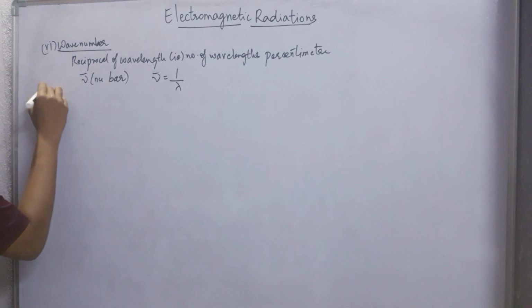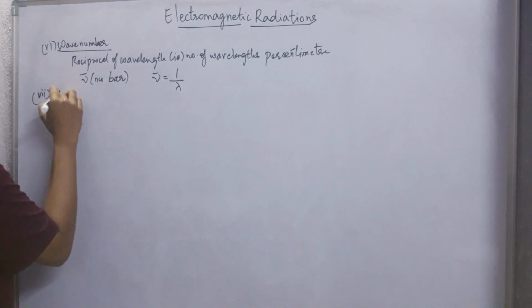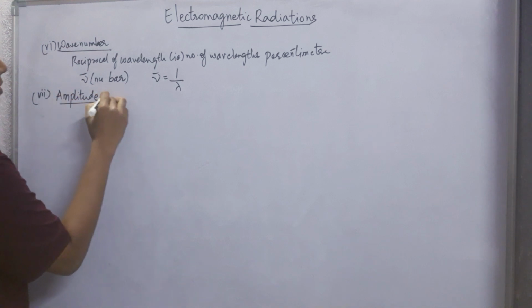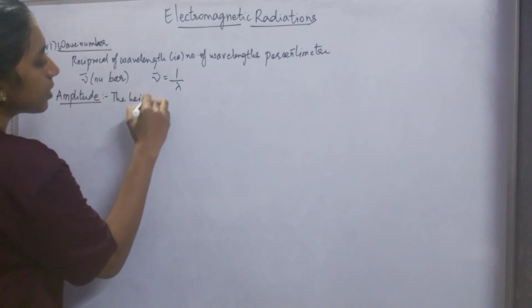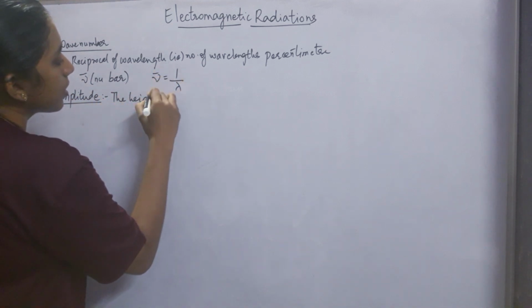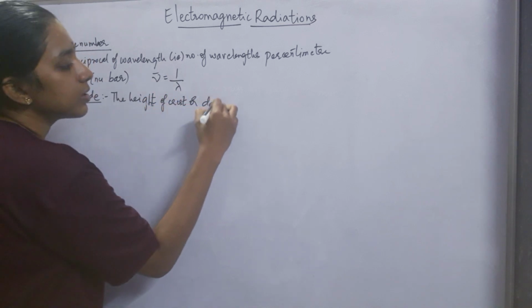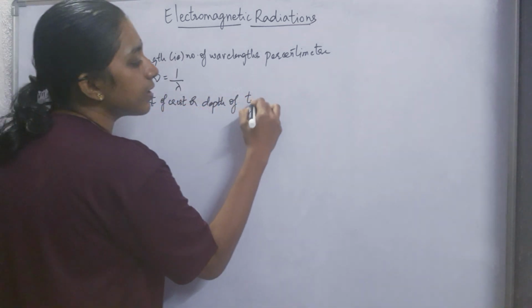Now the seventh characteristic is amplitude. Amplitude is the height of crest or depth of trough.